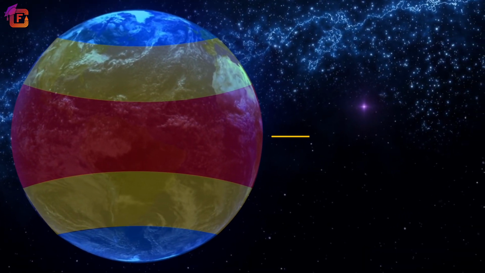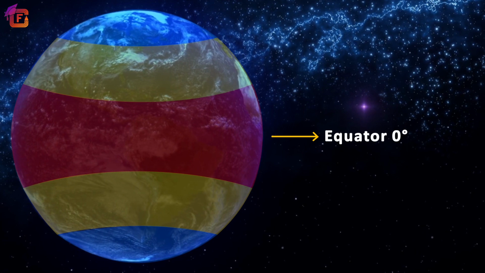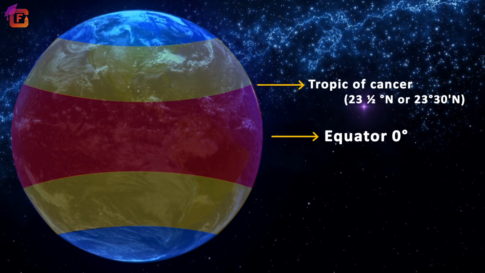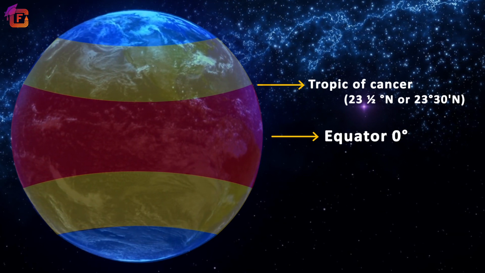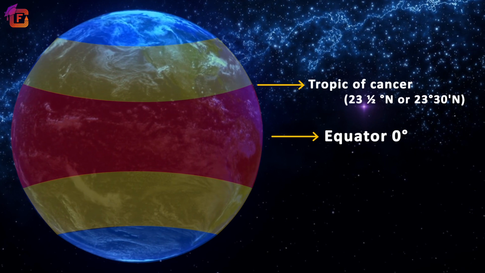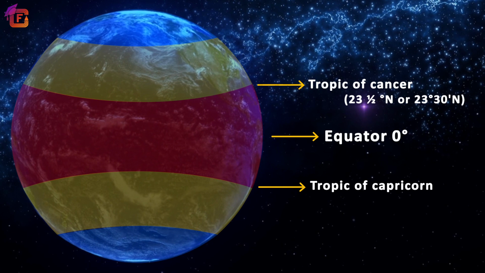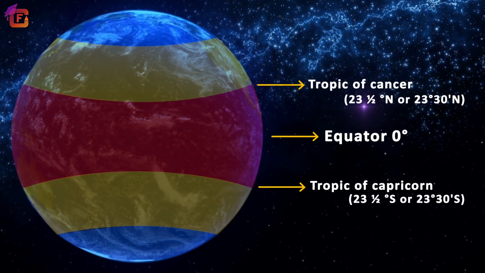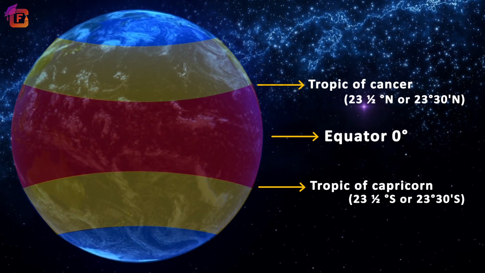The first is equator, that is 0-degree latitude. The second is Tropic of Cancer, that is 23.5 degrees north or 23 degrees 30 minutes N, that is north of the equator. The third is Tropic of Capricorn, that is 23.5 degrees S or 23 degrees 30 minutes S, that is south of the equator.